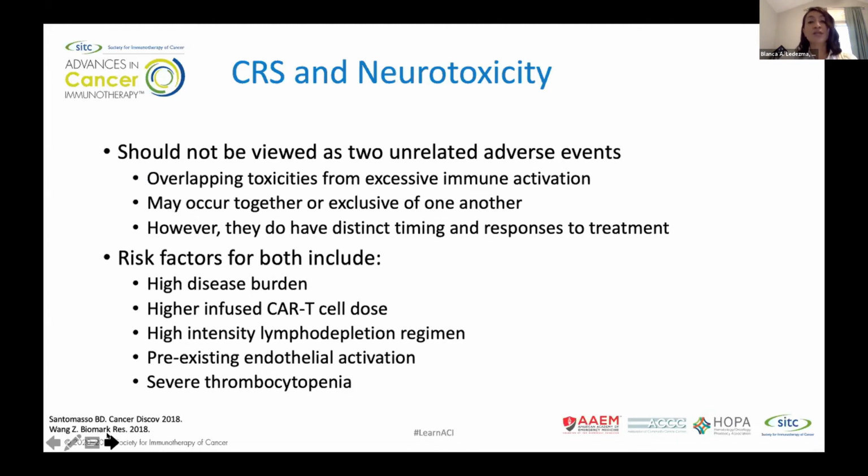Other risk factors are the high infused CAR T-cell dose, perhaps with new CAR T-cell therapies that are coming out, giving them a dose escalation, the high intensity lymphodepletion regimen, pre-existing endothelial activation, and severe thrombocytopenia.